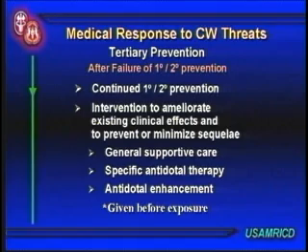If both primary and secondary prevention have failed, and a casualty presents with clinically observable signs or symptoms of a chemical agent exposure, that person's life can still be saved by prompt and appropriate medical treatment, to include decontamination even at this stage, administration of antidotes, supportive care as necessary, and continued evacuation.